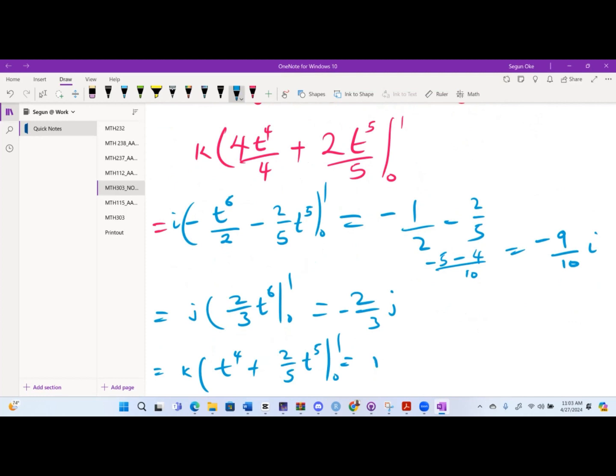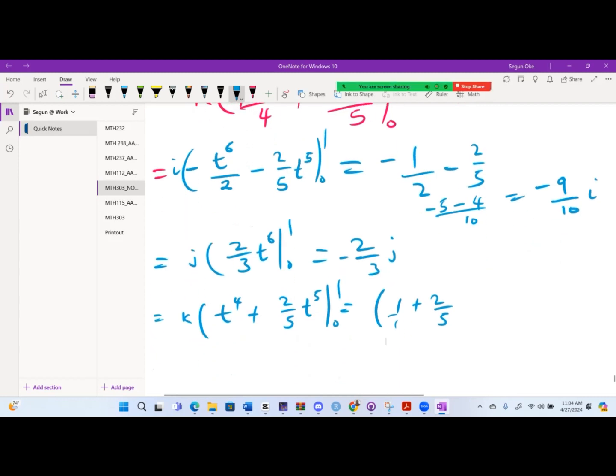So K will be 1 plus 2 over 5, which is 5 plus 2, 7 over 5K.